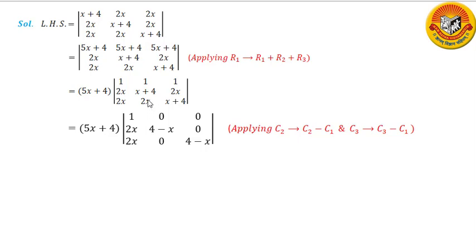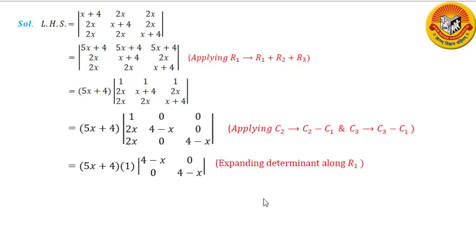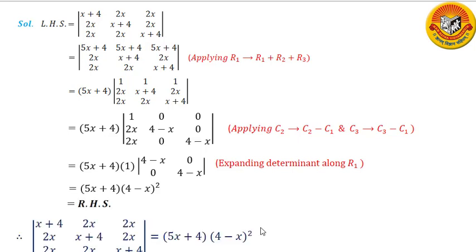That will also give me 4 minus x. So I apply C2 as C2 minus C1 and C3 as C3 minus C1. You can apply row operations also. Here we have applied the column operation. Now most of the terms are 0. So I can expand along row 1 and I get the required result.